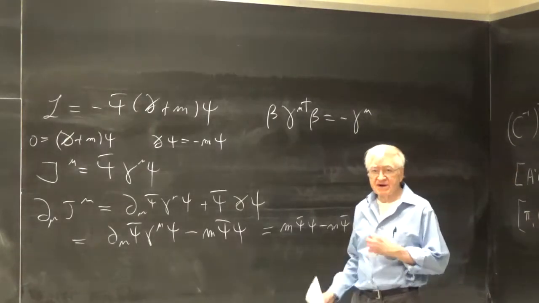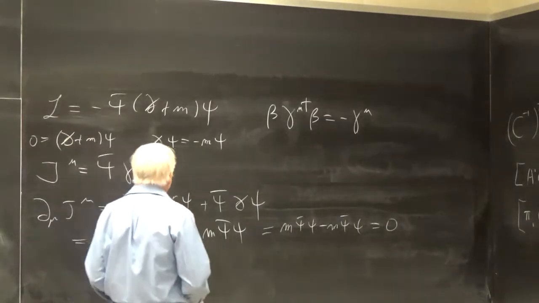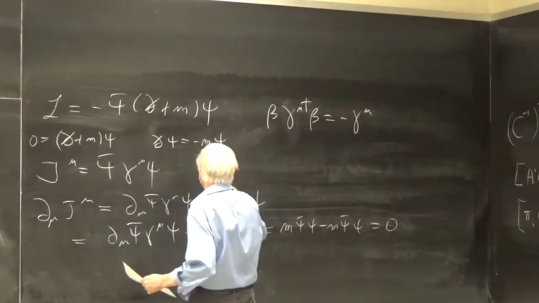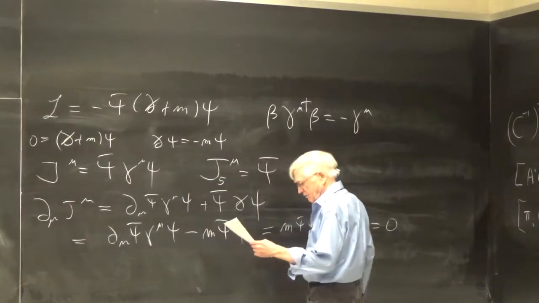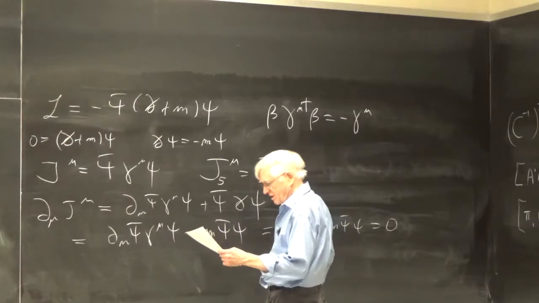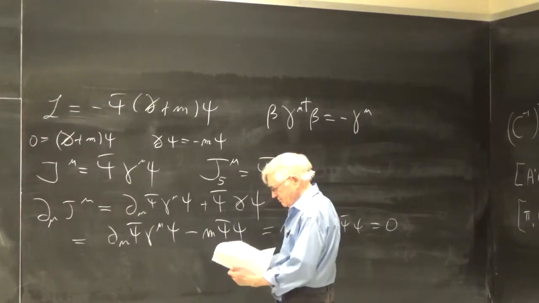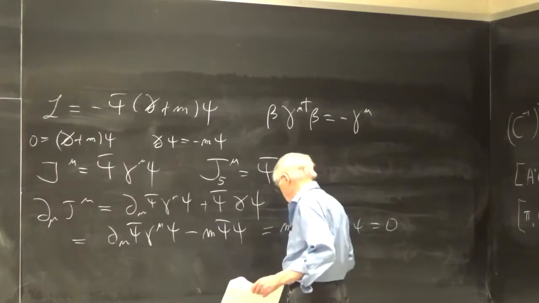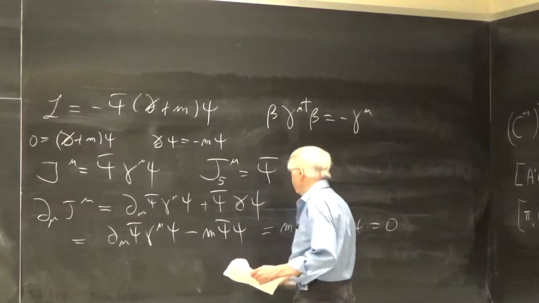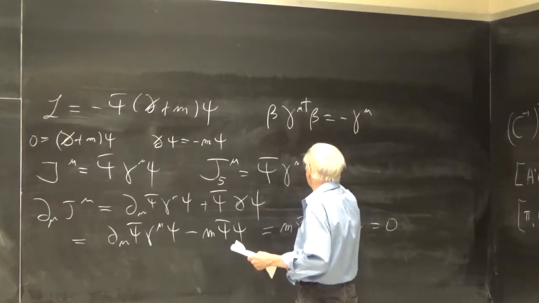Now you can consider another case, namely the axial current, which is J5 mu. So this is psi bar gamma mu gamma 5 psi.